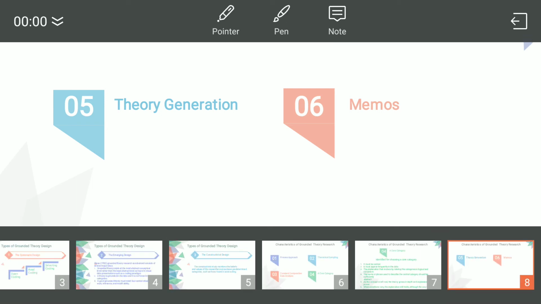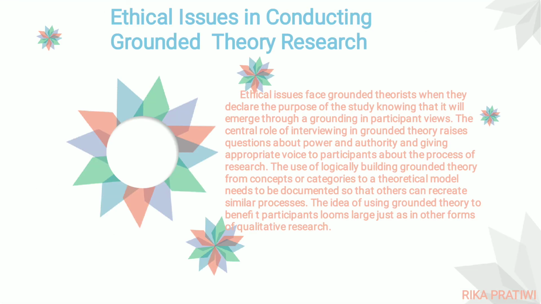Next, about ethical issues in conducting grounded theory research. Ethical issues face grounded theorists when they declare the purpose of the study, knowing that it will emerge through a grounding in participant views. The central role of interviewing in grounded theory raises questions about power and authority and giving appropriate voice to participants about the process of research.